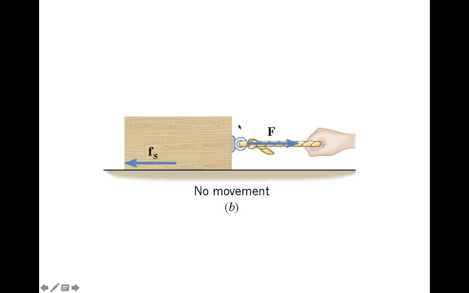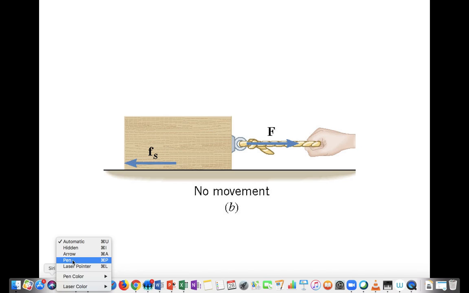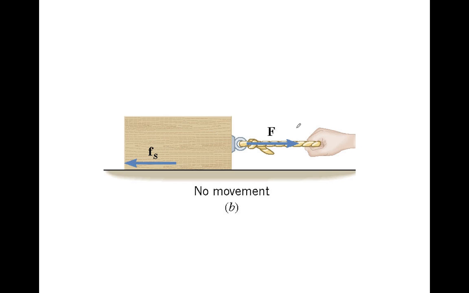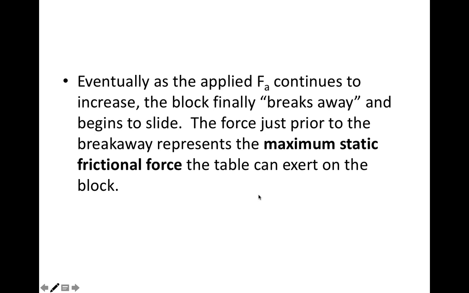Okay, so you can see here in this diagram that the force applied is exactly equal to the static frictional force, and as a result, there's no movement. So eventually, as the applied force continues to increase, the block finally breaks away and begins to slide.